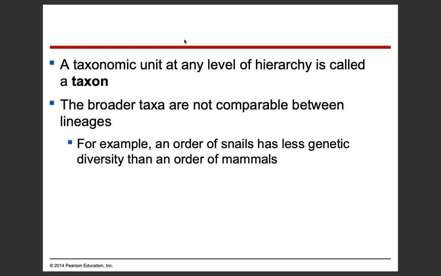The broader taxa, multiple groups of organisms, are not comparable between lineages. For example, an order of snails has less genetic diversity than an order of mammals, because there are a bunch of mammals, whereas there are only a few in that same order of snails.